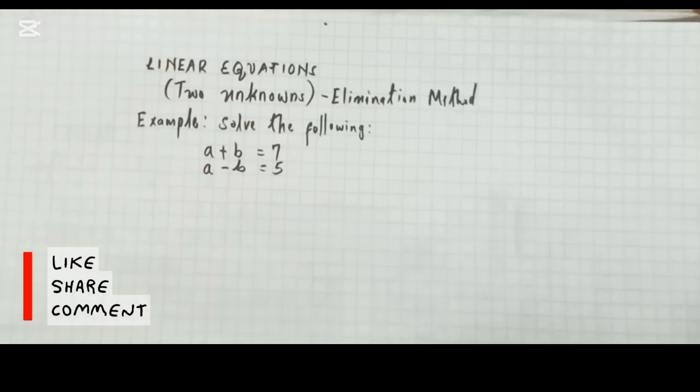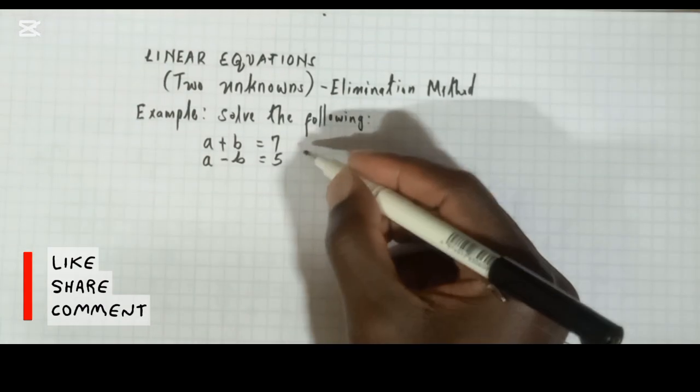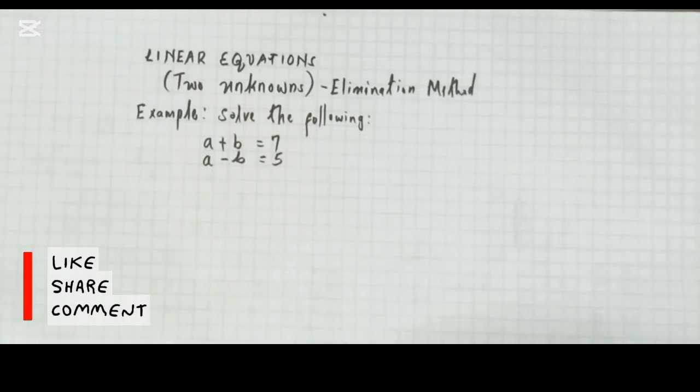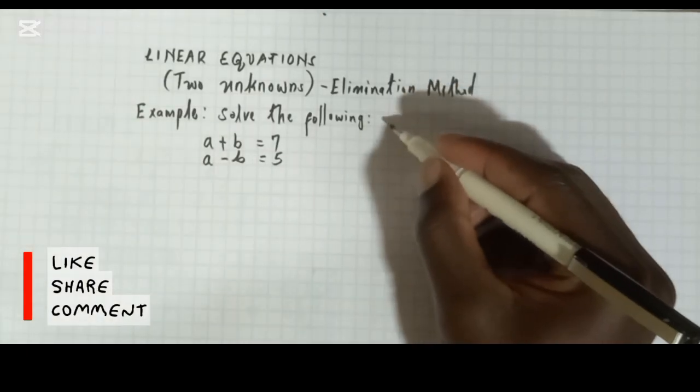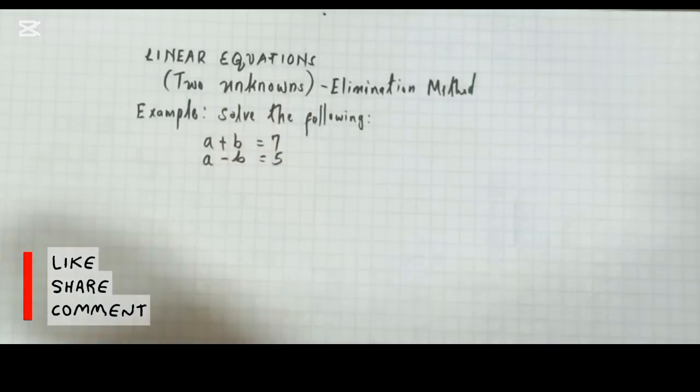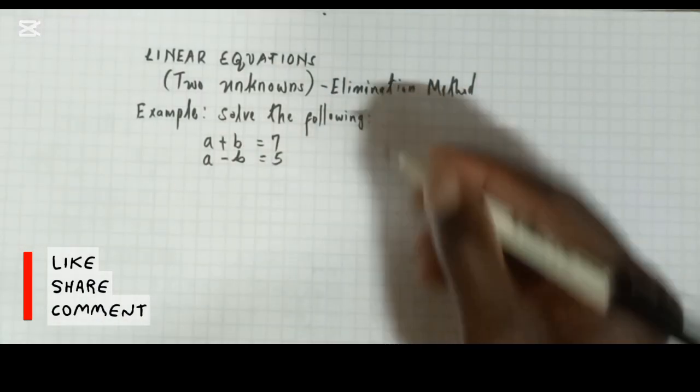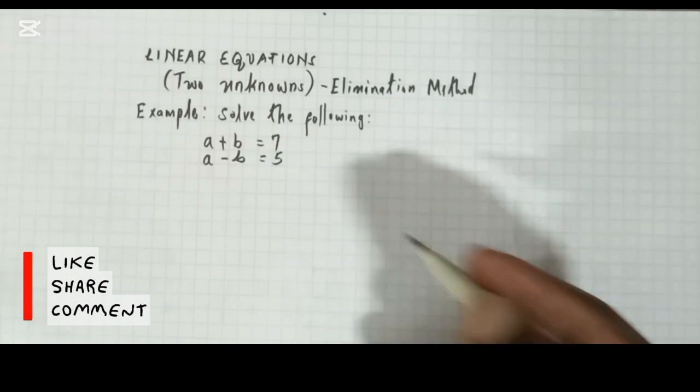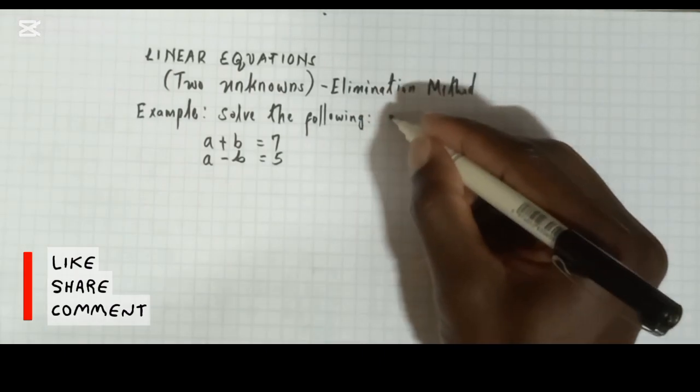Now let's solve this example and demonstrate what I'm talking about. The elimination method requires us to know two important rules. Whenever we have the same signs for the variable we want to eliminate, we subtract.